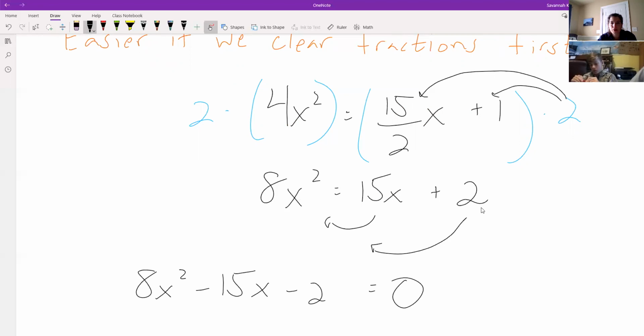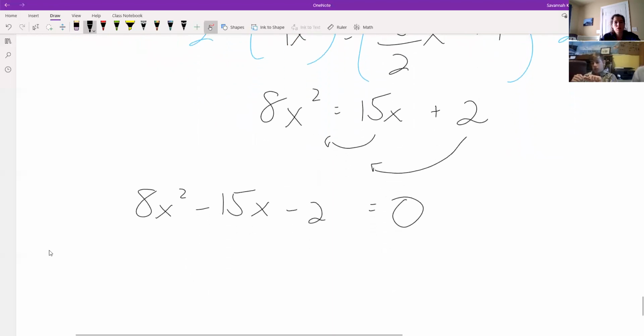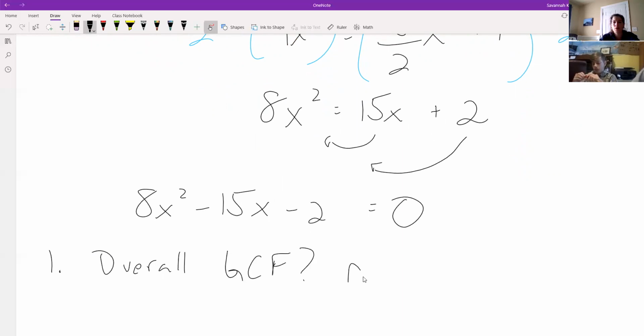The problem I had done a minute ago was kind of wild and crazy, but this problem is back to a bit more normal. So I'll just put it in here for the notes. Still no overall GCF. We haven't had anything that was not 3 terms.